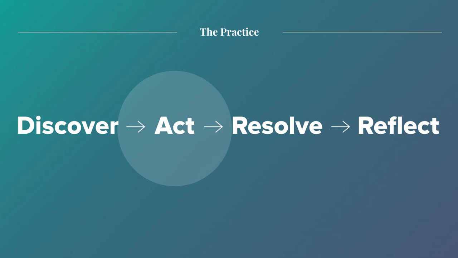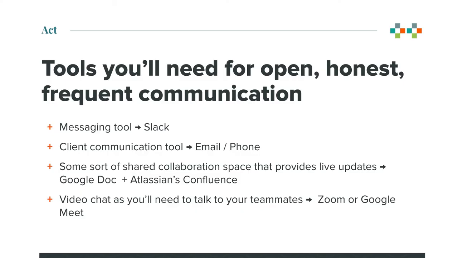Okay, so you recognize that there's an issue. Your client has reached out or a teammate has posted something in Slack that suggests an incident. What you do next is what makes or breaks a high-performing team. The keystone of incident management is open, honest, frequent communication.